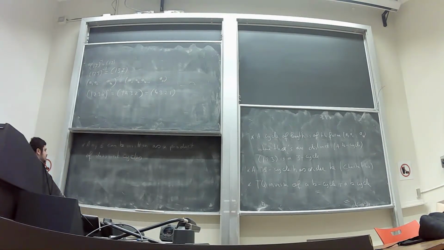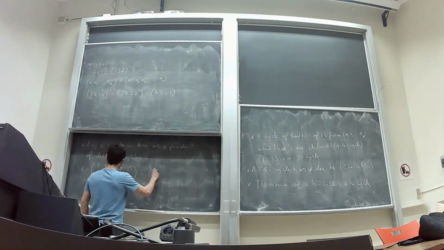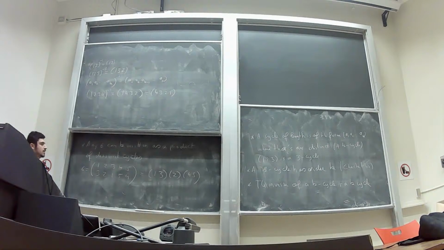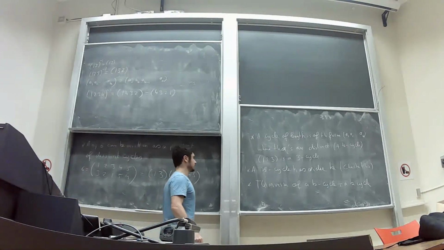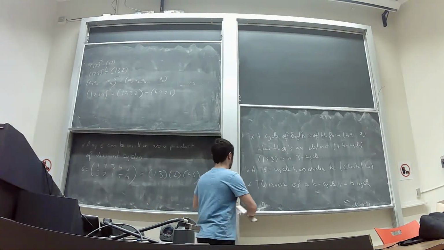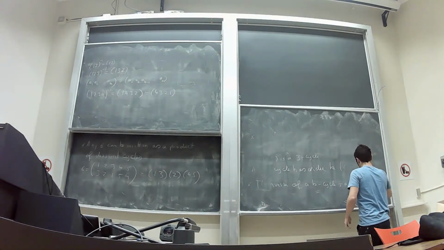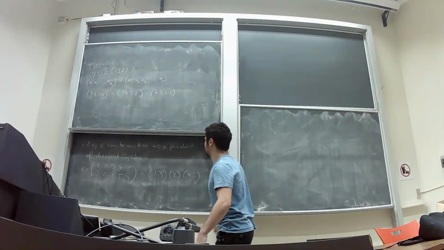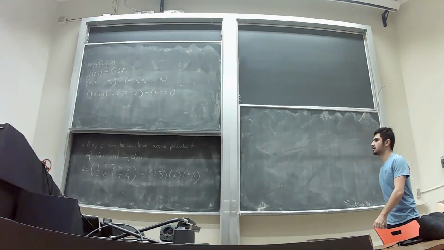For example, if sigma sends 1, 2, 3, 4, 5 to 3, 2, 1, 5, 4, now you can write sigma as 1 goes to 3, 2 stays fixed, and 4 and 5 swap. All of these cycles are disjoint. There's a small preview on S_n. So all of these cycles are disjoint.